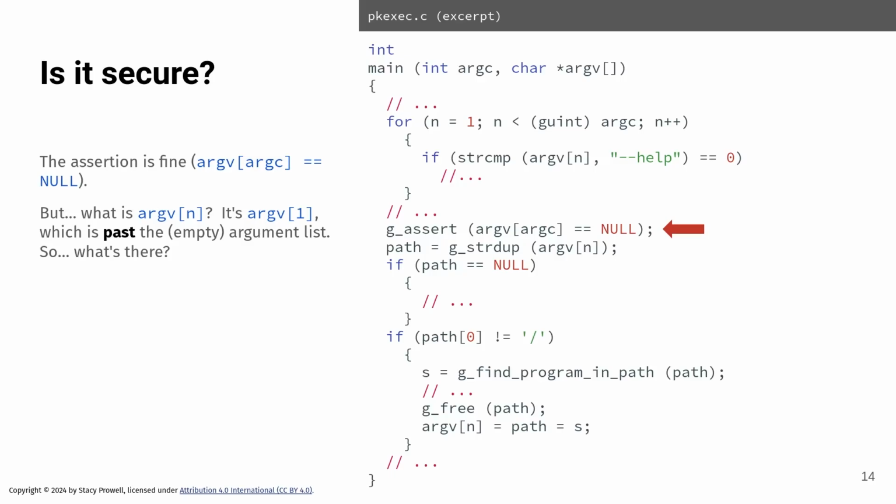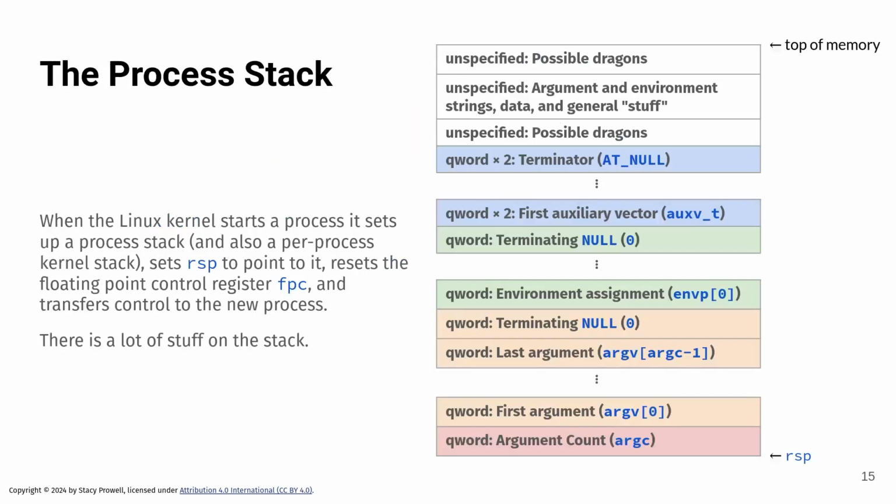Okay. So what happens next? Well, let's go and look at the stack. So this is the stack for our little process, the little piece of code that we're running. This is what it would normally look like for any arbitrary process.